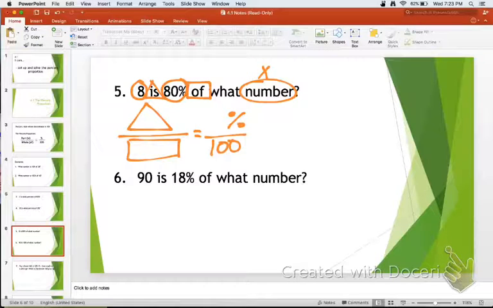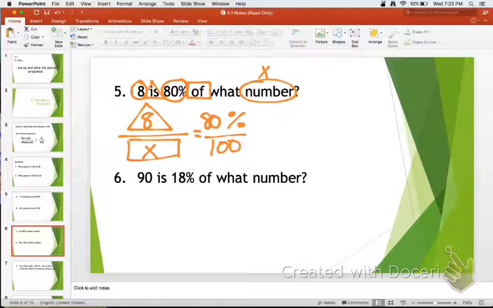Now, I'm going to slowly go through this. 8 is next to the word is, so 8 must go in my triangle. 80% has the percent sign, so I'm going to put 80 over here. And the of is as close to a number as it's going to get, so that means my x is going to go as the denominator this time.